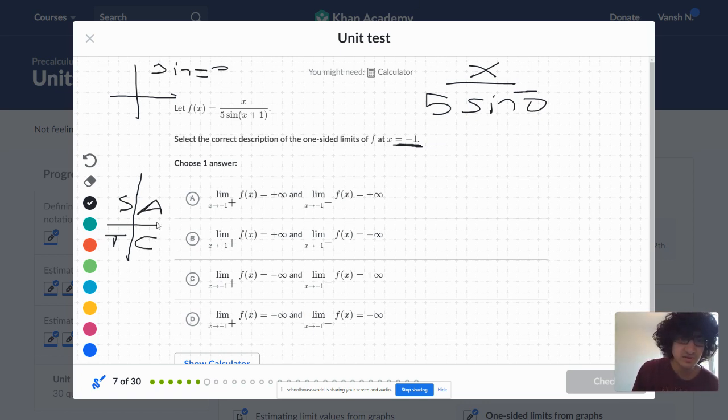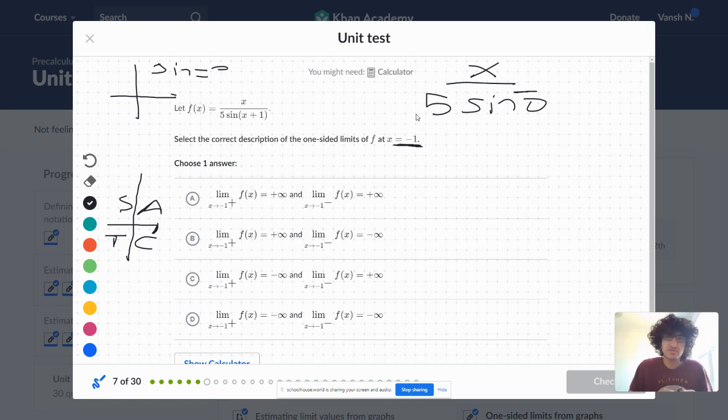Okay, so sine of 0, but slightly to the negative of 0. So that would be this way, right? Because that's negative, like negative 0.09 or something like that.